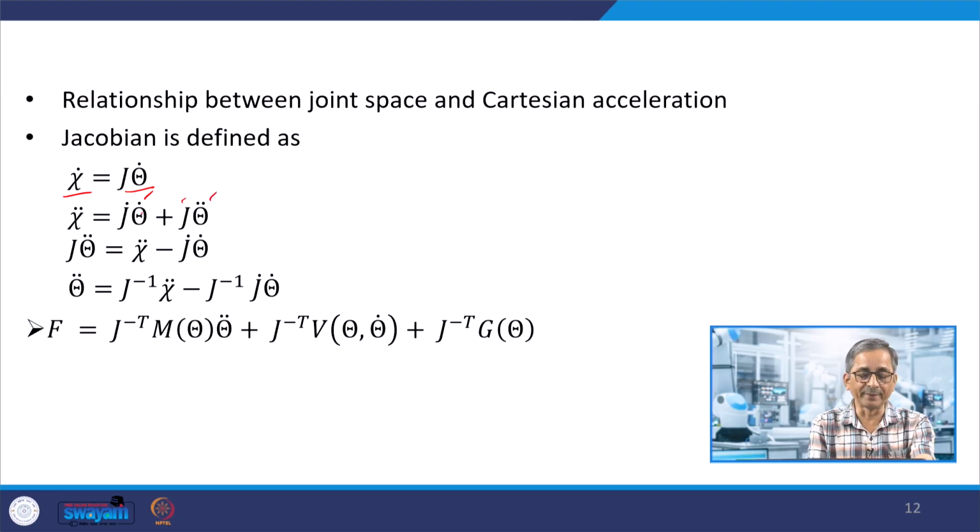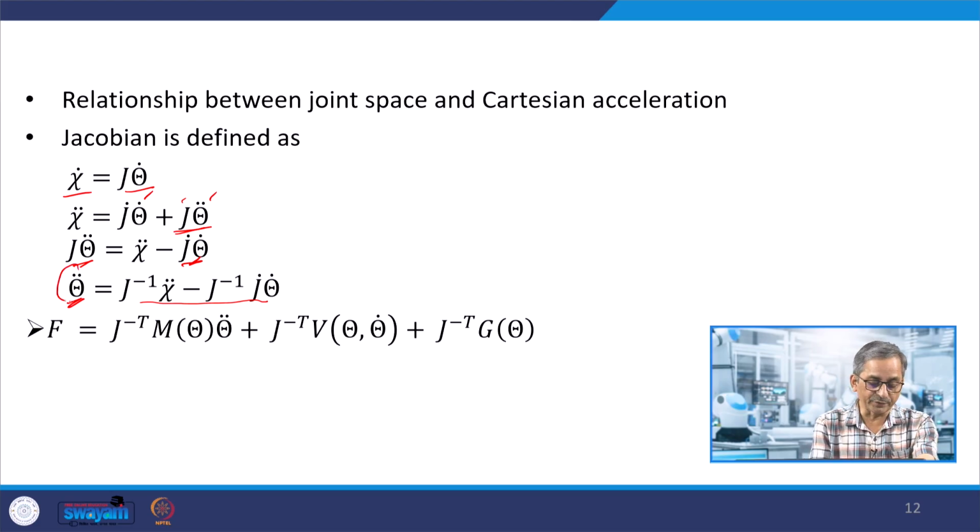I am doing differentiation by parts. So, from here I can evaluate J theta double dot, which will be chi double dot minus this one, and from here I can get theta double dot. I multiply with J inverse on both sides. So, this is what my equation is.